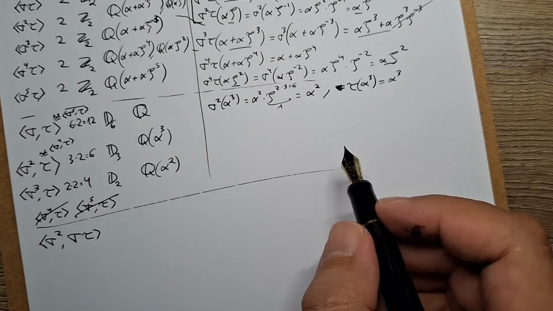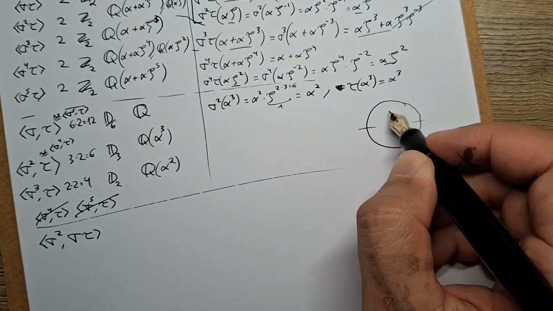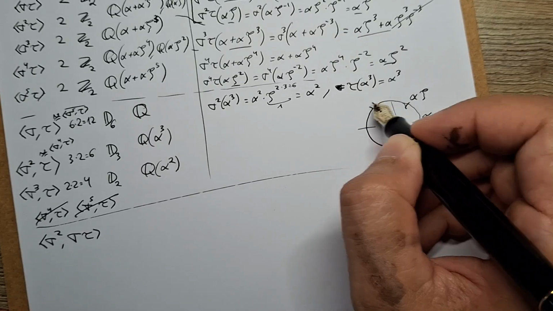This is like a combination of the combination. I'm going to draw here again the unit circle with the roots, because it's useful to have this visual support.